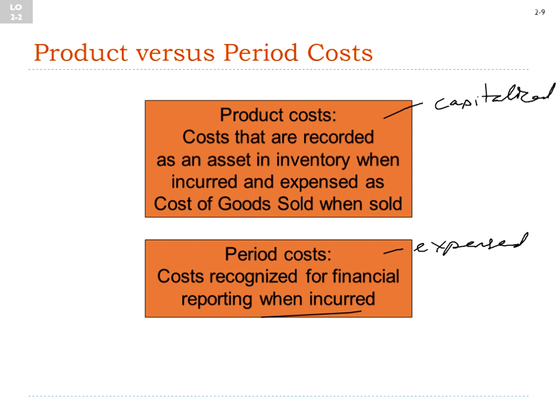And that is a valid observation, but GAAP wants you to recognize costs when they're supposed to be recognized, and the IRS and Congress want you to recognize costs and expenses according to what they have legislated. So you just can't pick and choose when you're going to recognize a cost and when you're going to capitalize it, if you're going to capitalize it and if you're going to expense it. You do have rules that you have to follow.